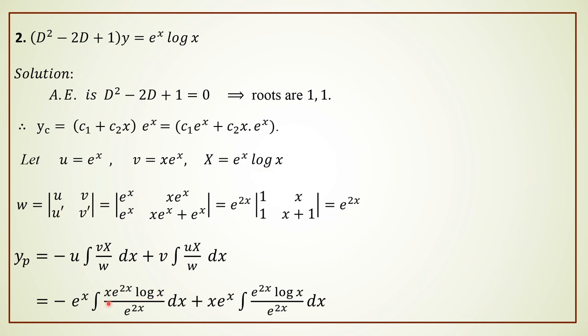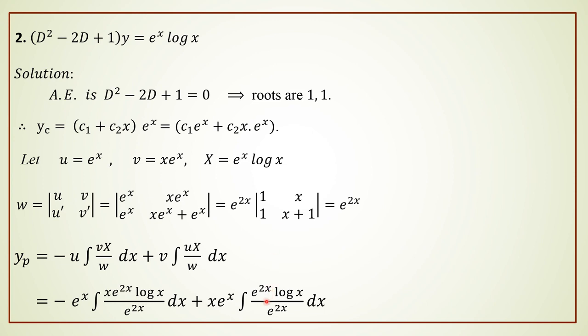So the term becomes x into e to the power 2x into log x divided by Wronskian. Wronskian is e power 2x and the integration is with respect to x, plus x into e to the power x integration of u. u is e to the power x into X, that is e power x into log x.